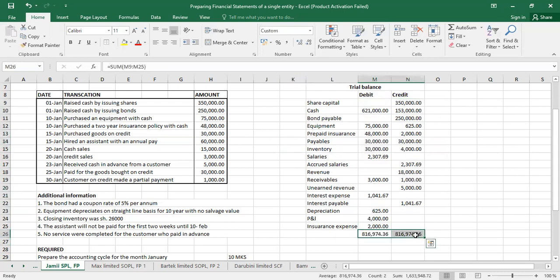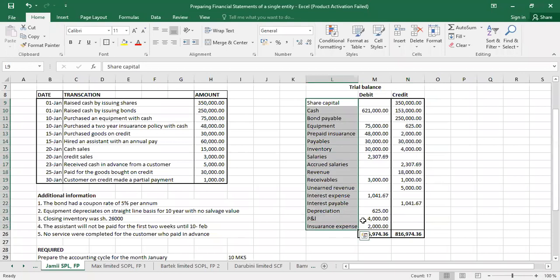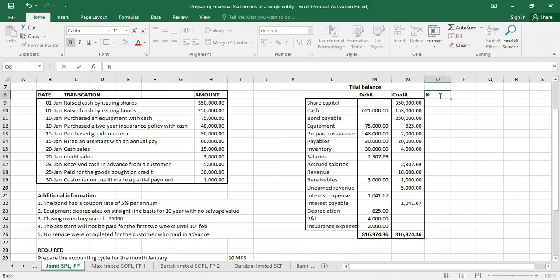The balancing figure, I make bold with Control B. Then Alt HBT for the borders, also here, and I put the border there too. Where am I now? I'm at net balance.